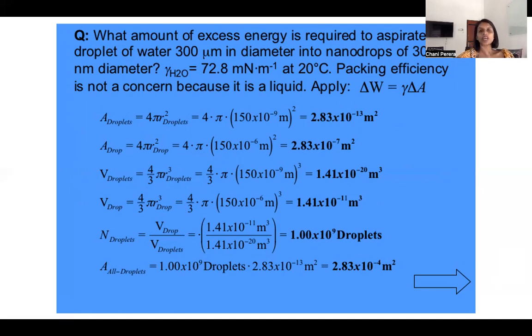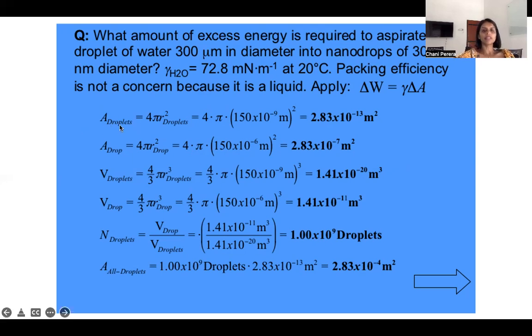So you have a big one, 300 micrometer in diameter, and you atomize it into 300 nanometer diameter nano drops. So you will have to calculate the amount of excess energy, this extra energy that you will have to give to that water drop in order to atomize it into nano drops.